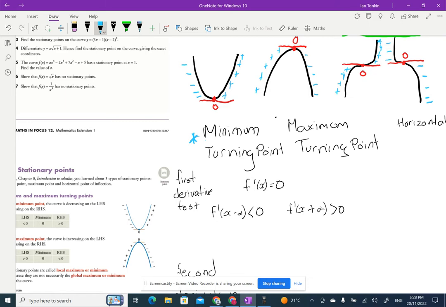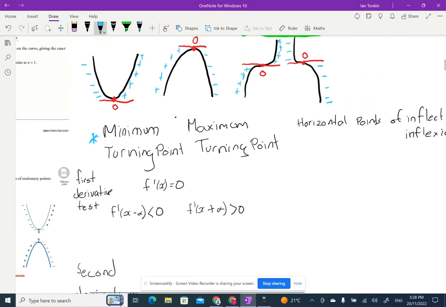So if we look either side and it's negative and then positive, it's a minimum turning point.